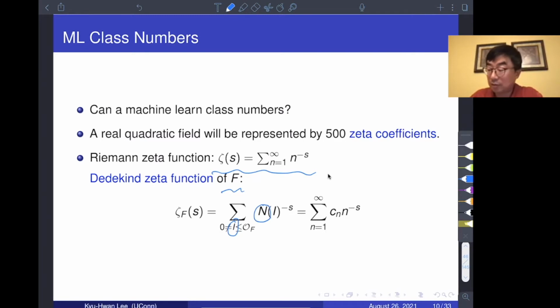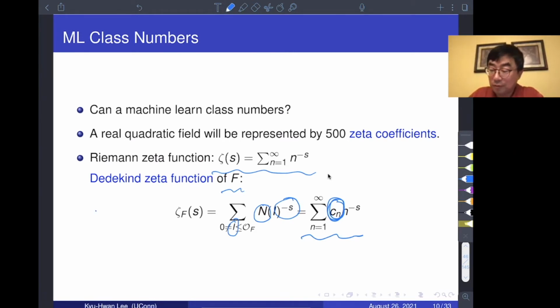I will not define the norm. Basically, it's the cardinality of the quotient. And then we take it to the negative s, and then we write it this way. And these coefficients are the zeta coefficients. Okay, this is the Dedekind zeta function.